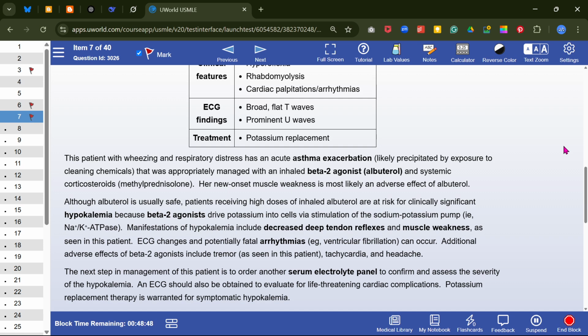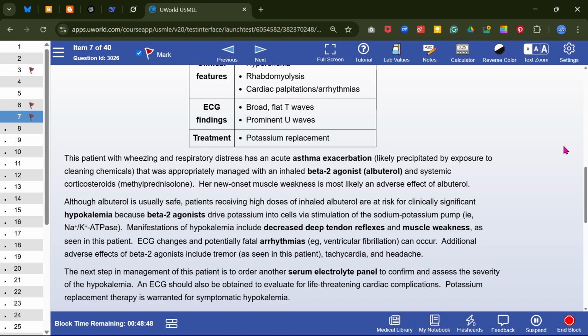Manifestations of hypokalemia include decreased tendon reflexes and muscle weakness as seen in this patient. ECG changes and potentially fatal arrhythmias, ventricular fibrillation can occur. Additional adverse effects of beta-2 agonists include tremor, tachycardia, headache.